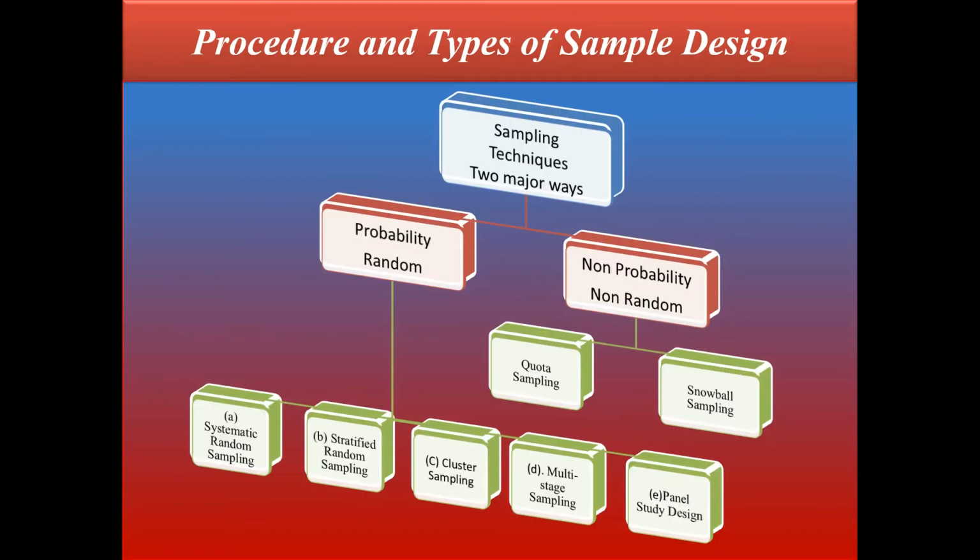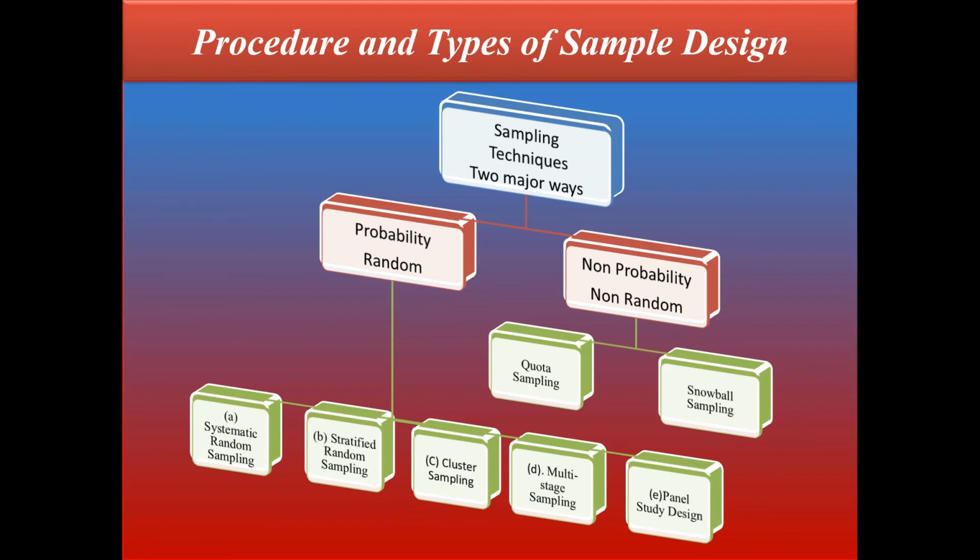Next, there are various techniques of sampling. There are two major ways: number one, probability, and number two, non-probability. In probability sampling, every element has an equal chance to be entered in your sample.